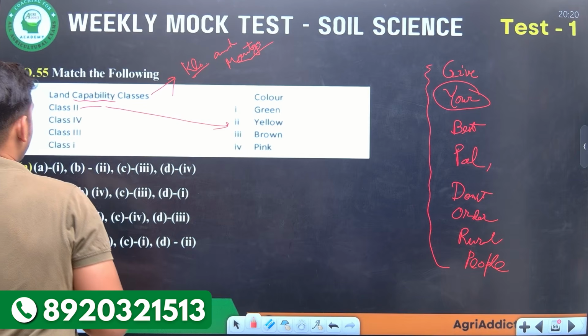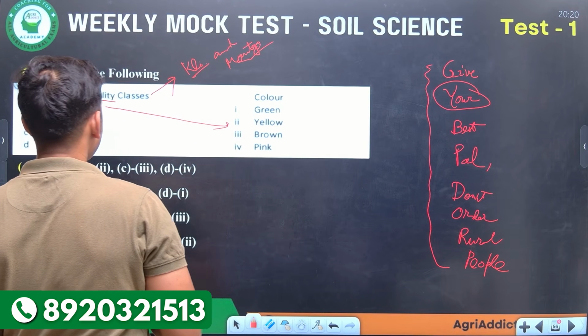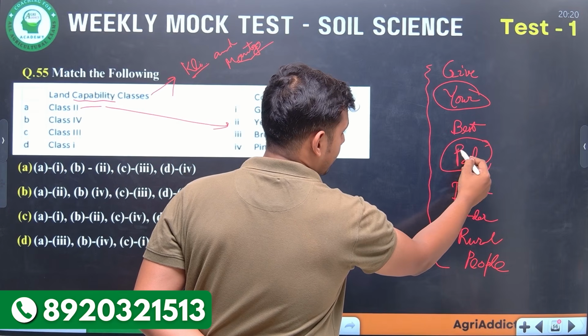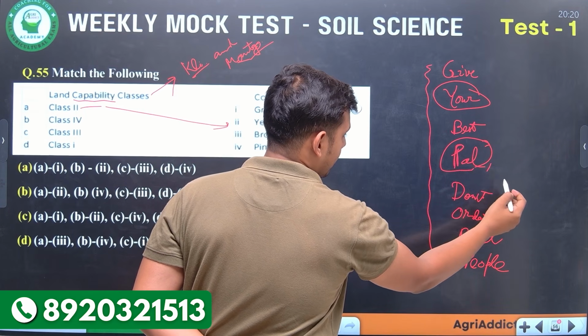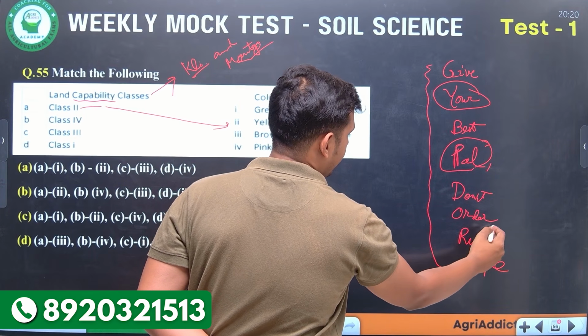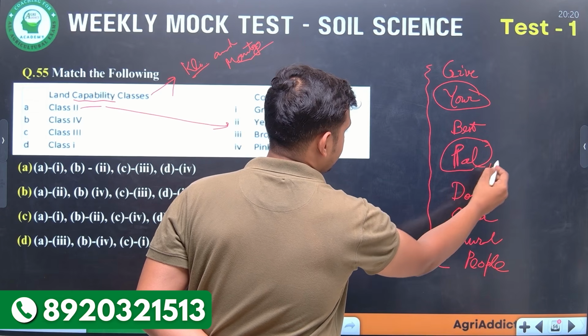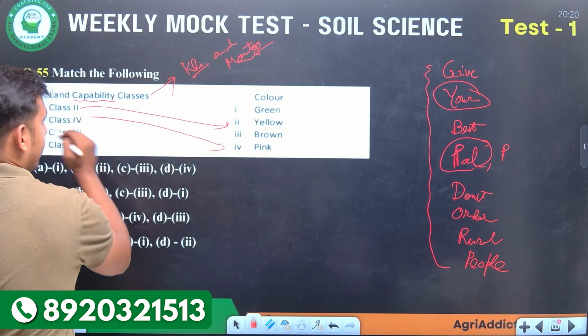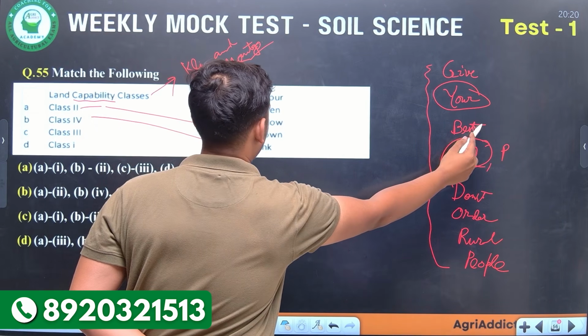Okay, then comes class 4. Class 4 comes in pearl, which is pink. People is purple. So pearl is pink, so it will come in pink. So this is class 4, pink. Class 3 is based on best, that is brown.